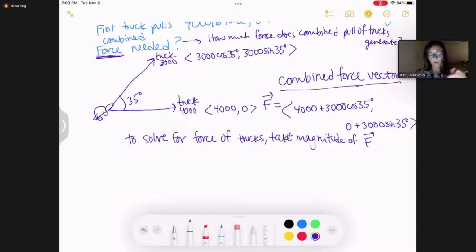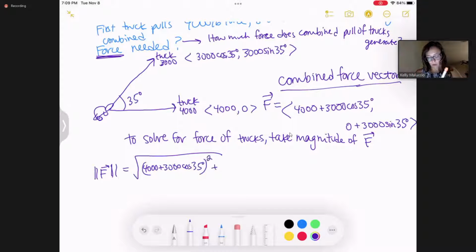So it's not crazy, but we have to do the magnitude of F, which is the square root of 4,000 plus 3,000 cosine 35 degrees squared plus 3,000 sine 35 degrees squared, right? I could just figure out what that is, and it should be about 6,000 something, 6,682.